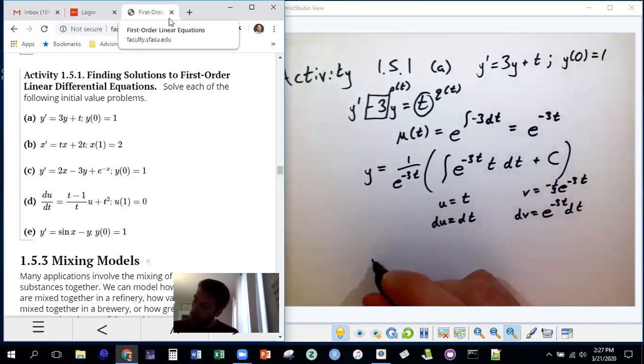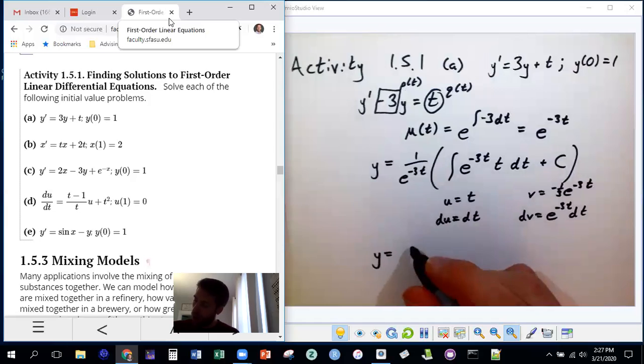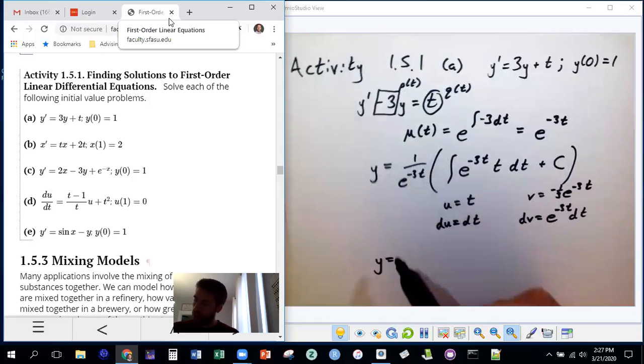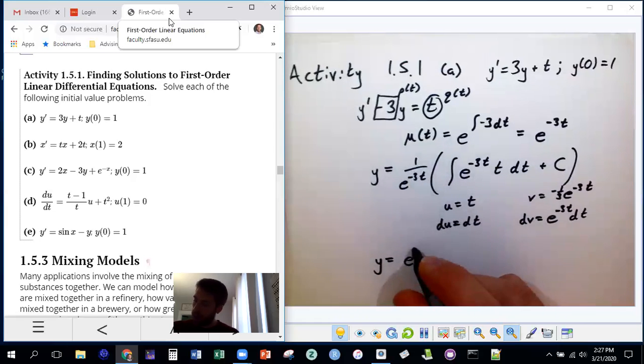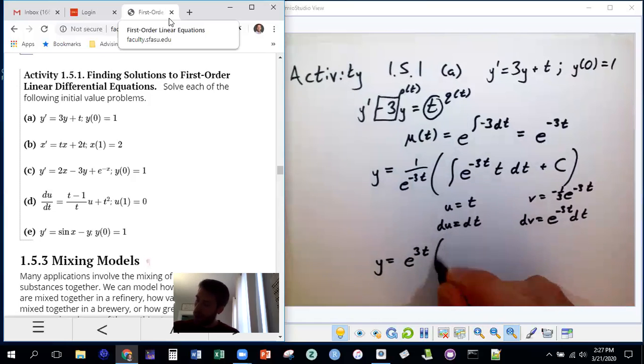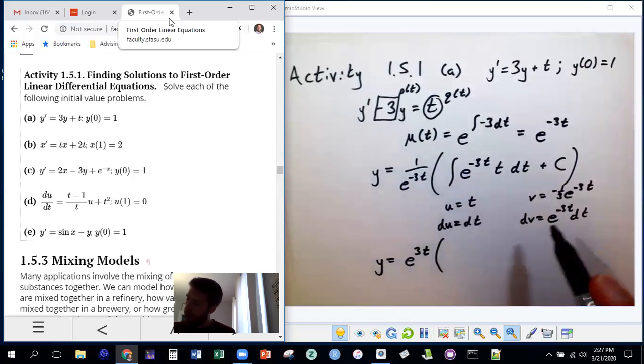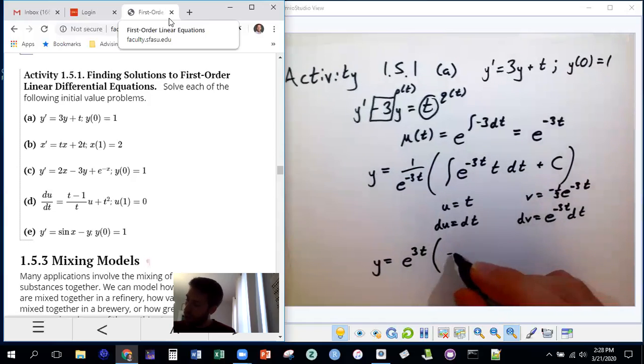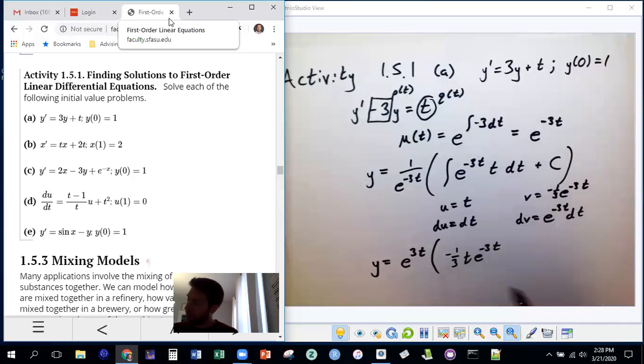So y equals, I'll change this fraction to just e to the positive 3t times uv would be negative 1/3 t times e to the negative 3t. Hope you don't mind that I changed the order up a little there. I like to have my t's before my e's.